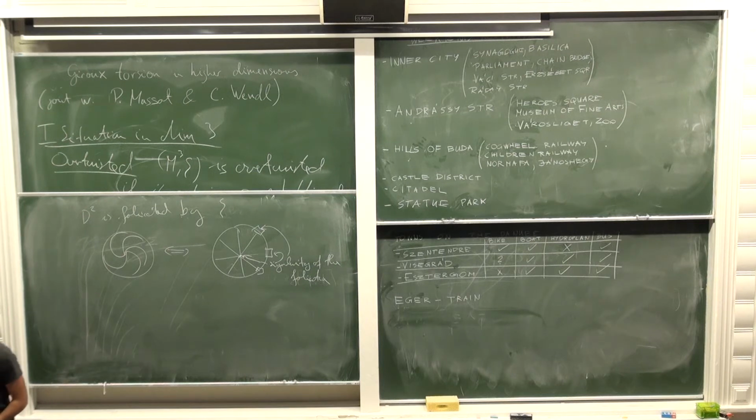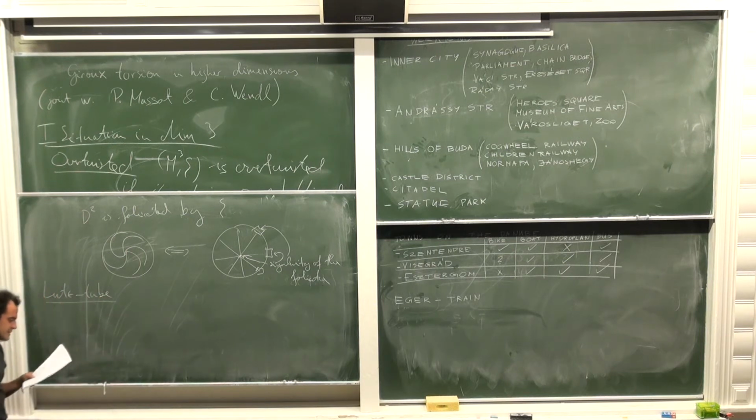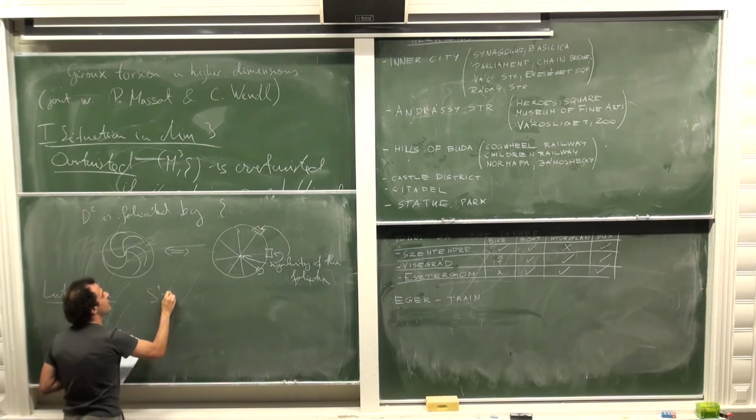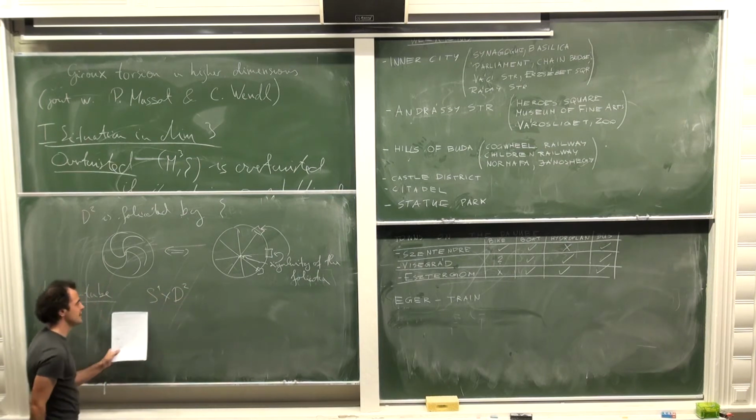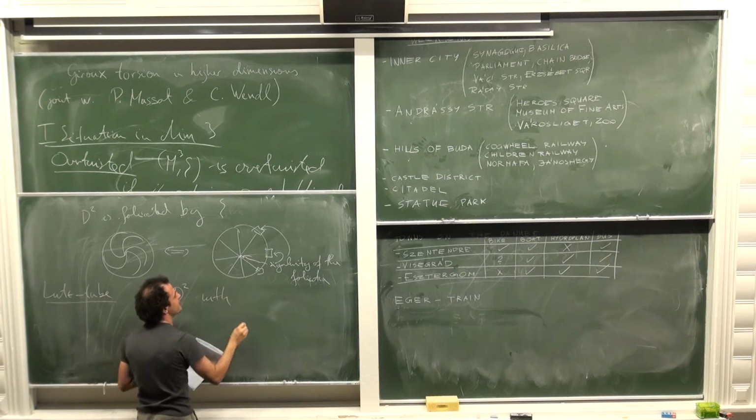And how do these over-twisted disks appear? As you probably know, you have a construction which is called Lutz twist. And the Lutz twist consists in introducing a Lutz tube, and the Lutz tube is a contact manifold which is open, a solid torus, with the contact structure given like this.